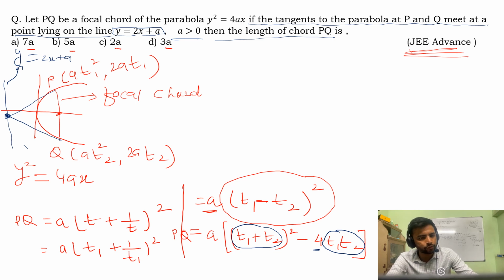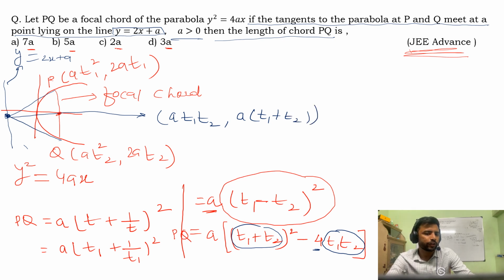So in such a situation, we will have the coordinates of the point of intersection, and the coordinates are a t1 t2 comma a (t1 plus t2). These are the coordinates when two tangents meet at a common point, when the coordinates of those points are given in parametric form.